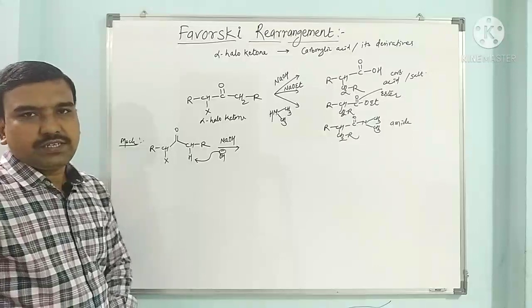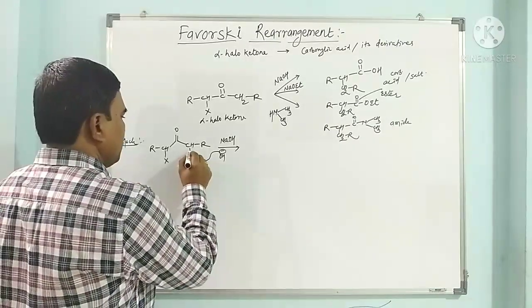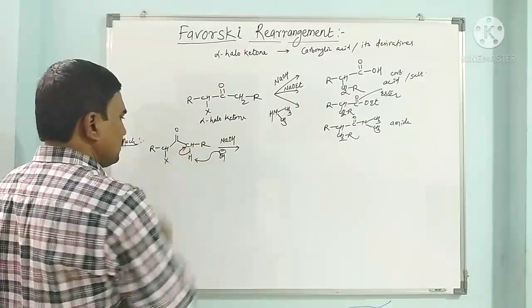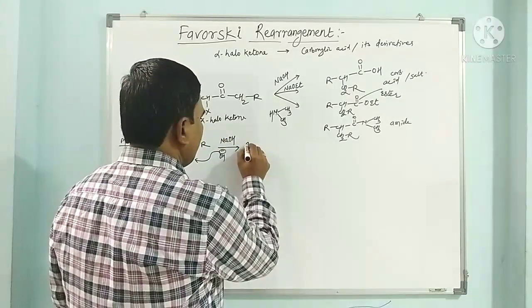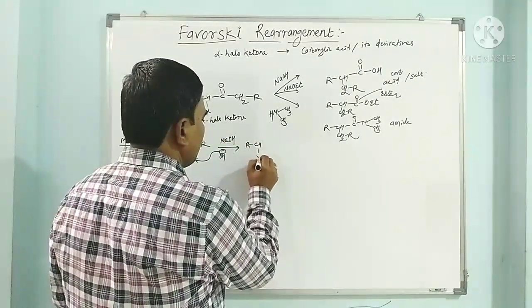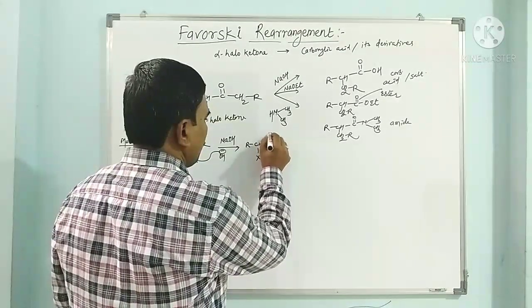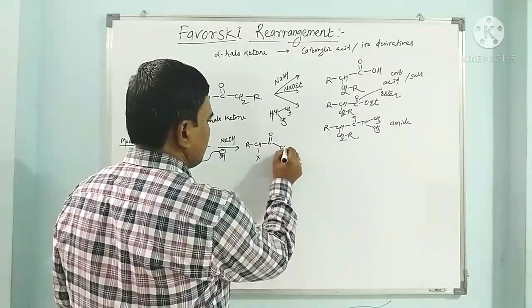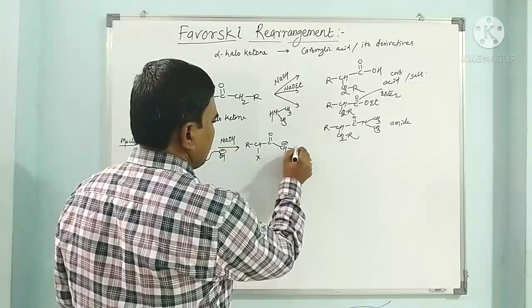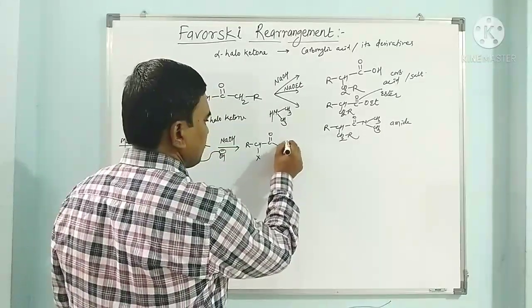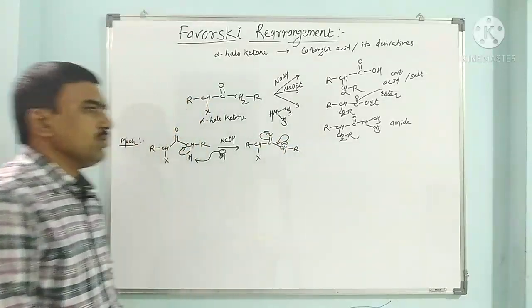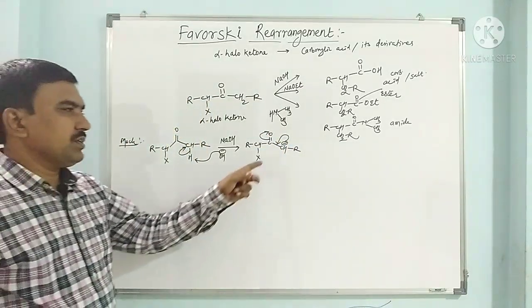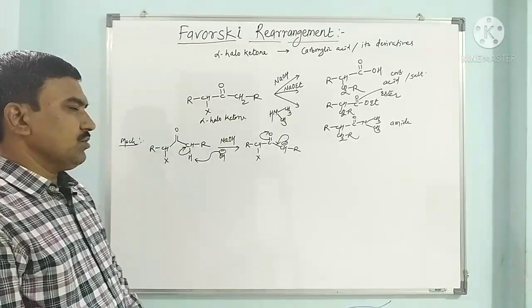So this hydrogen is abstracted by the base, and this electron density goes to the carbon, and here we get carbanion R CHX C double bond O, CH R. So here this is carbanion. Now this carbanion can be converted to this enolate.